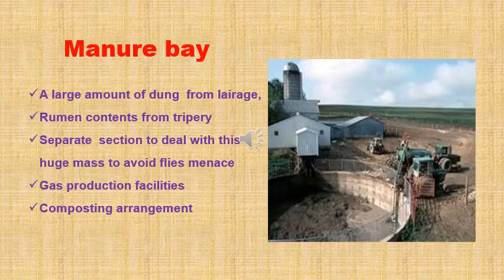Manure bay. This is yet another important place where all the dung and the stomach contents should be handled. So this needs a very large area which can accommodate all the large amount of dung coming from the lairage or holding pens, and it is coming from emptying of the rumen and intestine in the tripery.